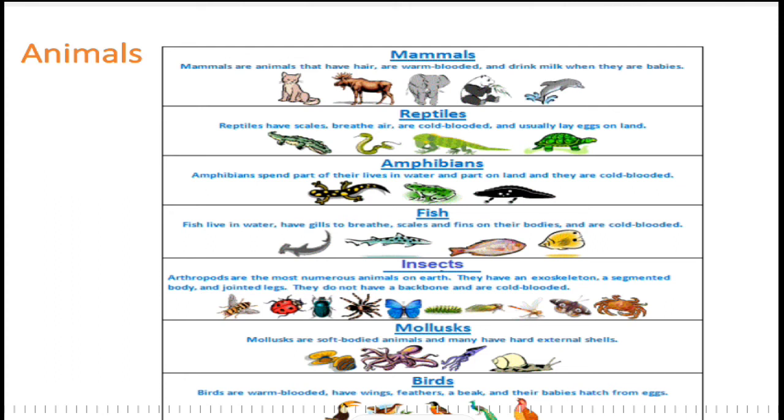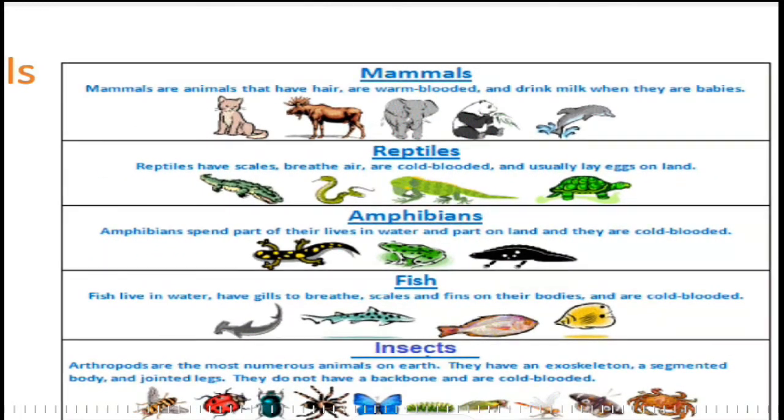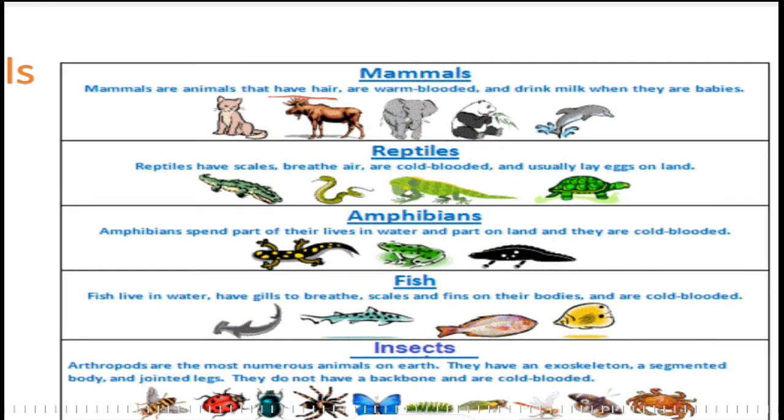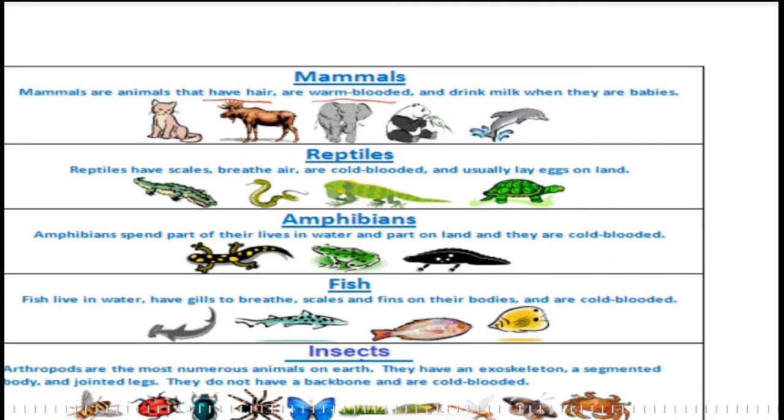For animals, there are some details. Mammals have hair, are warm-blooded, and drink milk when they are babies. For example, cat, moose, elephants, pandas, and dolphins.